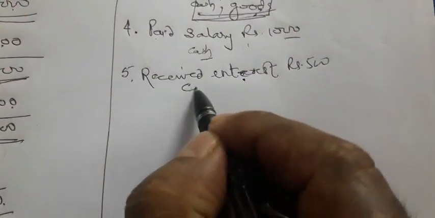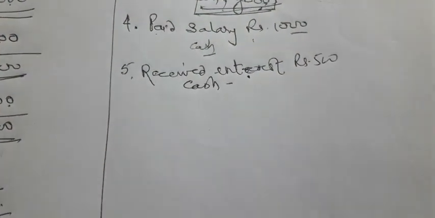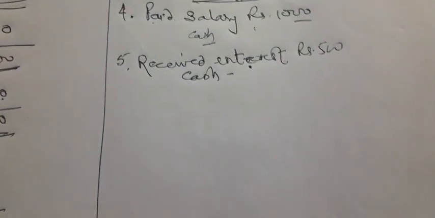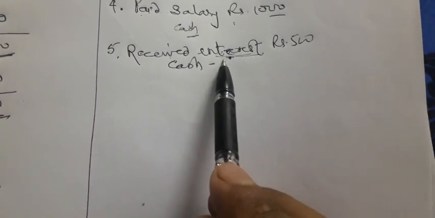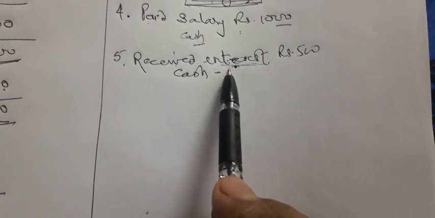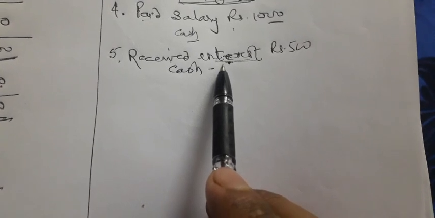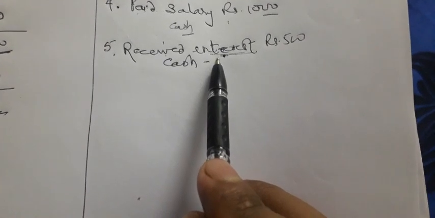So one aspect is cash, and again this interest that has been received by the businessman is his income. So in case of income, its effect is on capital. When there is an income, capital increases.